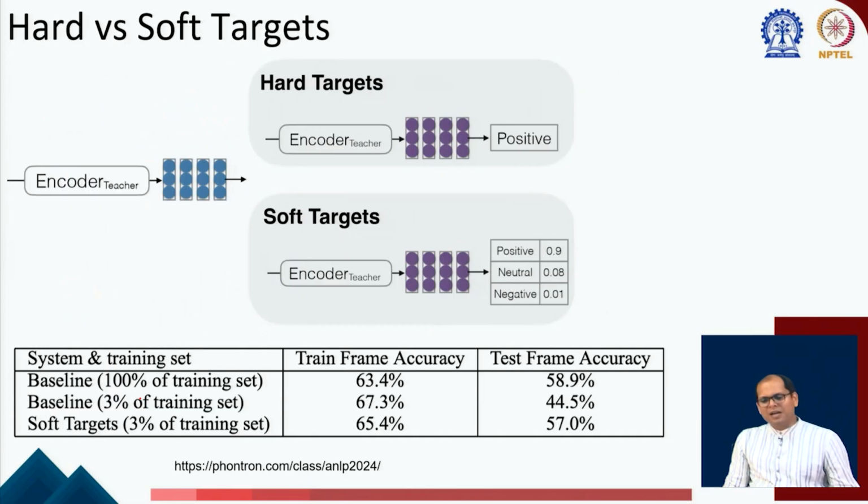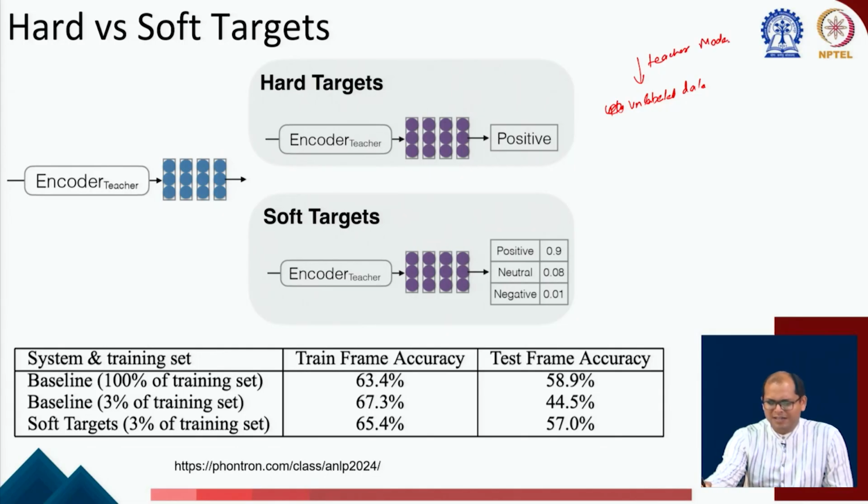Now, what exactly is done in distillation? There are two ways you can do distillation. One is using hard targets. Second is using soft targets. So we talked about unlabeled data. Let's say you have some unlabeled data. Now you can apply the teacher model on this.